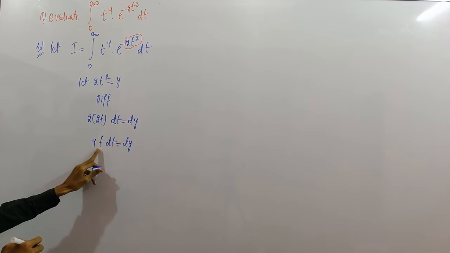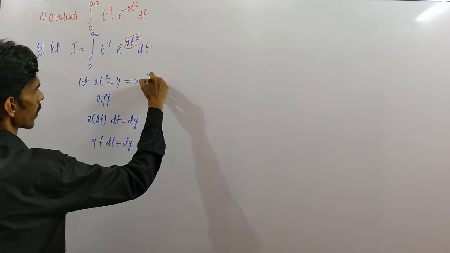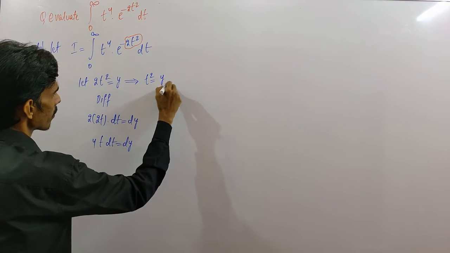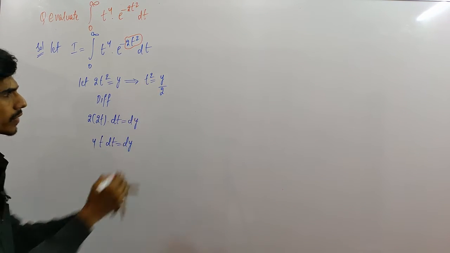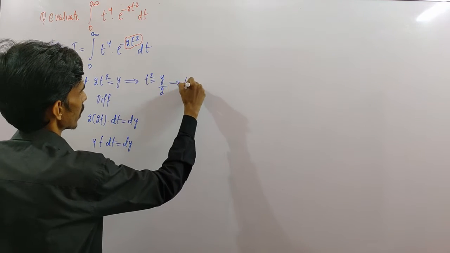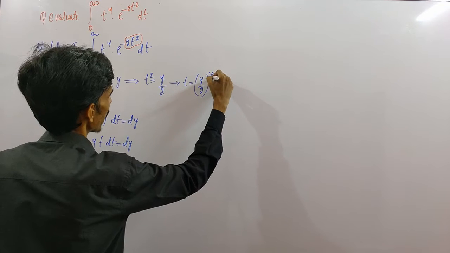Convert this t in terms of y. From this we have t square. The t square value is y divided by 2. Send this 2 to that side. Then we have t value as y divided by 2 whole power of 1 by 2.